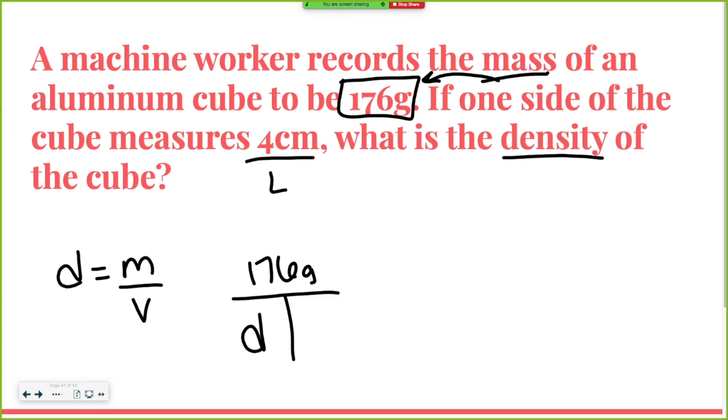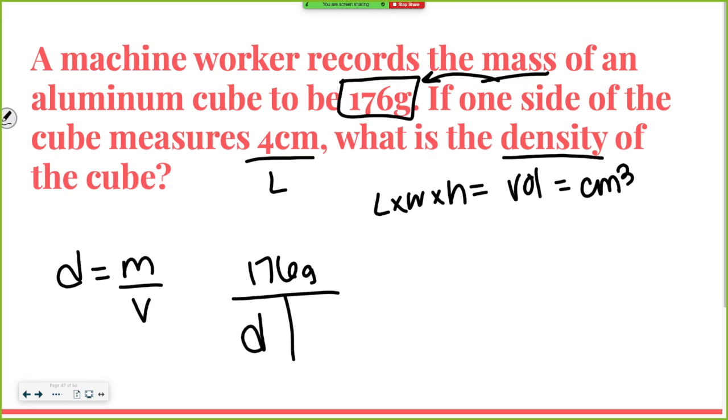You multiply 4 times 4 times 4. Good job, Wade. Length times width times height is going to give me the volume, in centimeters cubed, because centimeters times centimeters times centimeters. So somebody do 4 times 4 times 4 and tell me what you get.